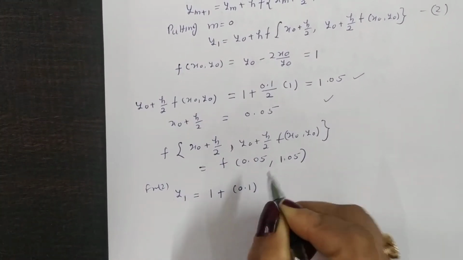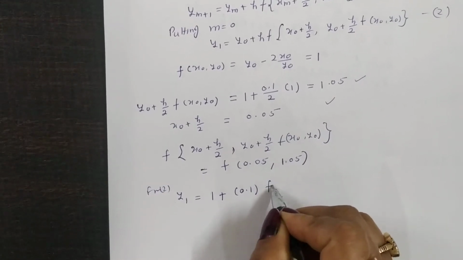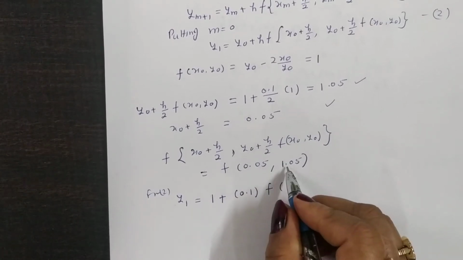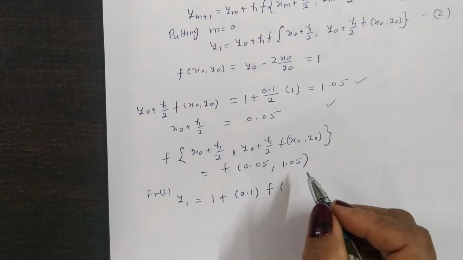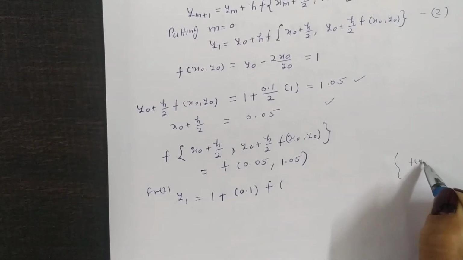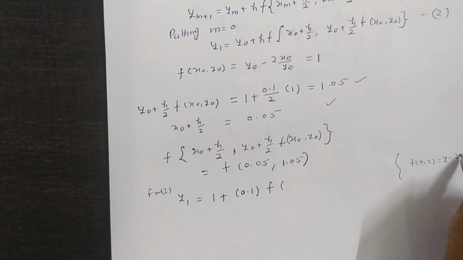Okay students, now f of this term and this term is given as f of (0.05, 1.05), and the function is given here as f of x, y, which is (y minus 2x) by y.